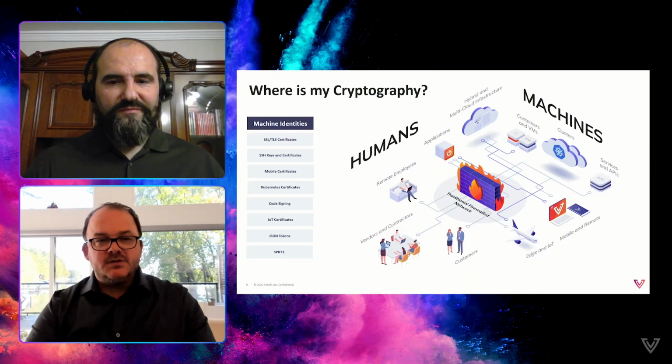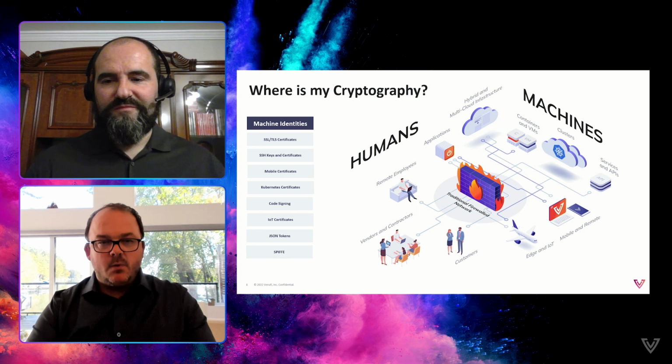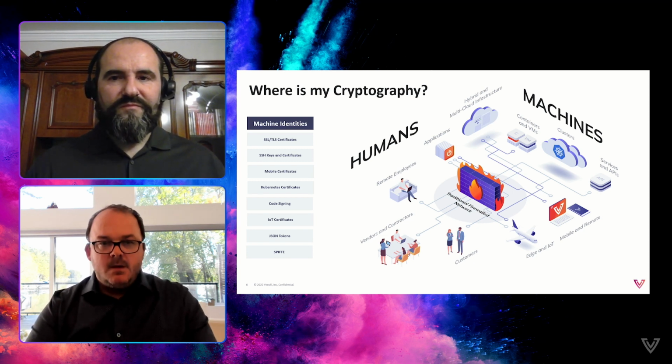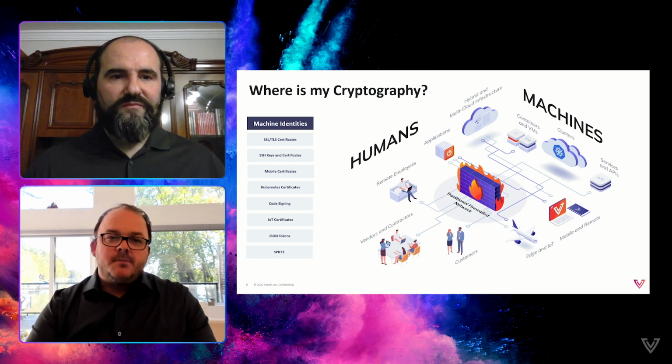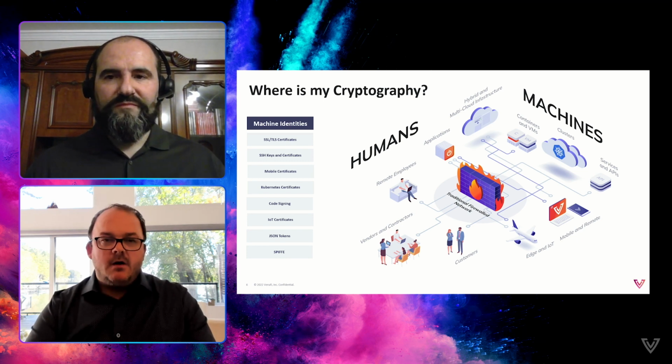So I'll jump straight in. One of the first things to discuss, and I think this is a very important topic, is understanding where your cryptography is today. Cryptography underpins quite a lot of our systems today. It underpins our digital economy. It's in everything from your cell phones to your servers, to your Docker containers, IoT and edge devices.